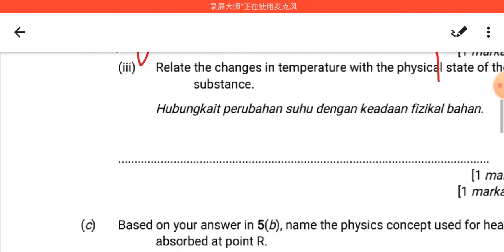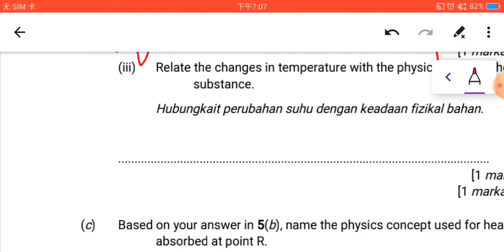Changes in temperature, we can say either increase, decrease or remain constant. These three conditions you can write.